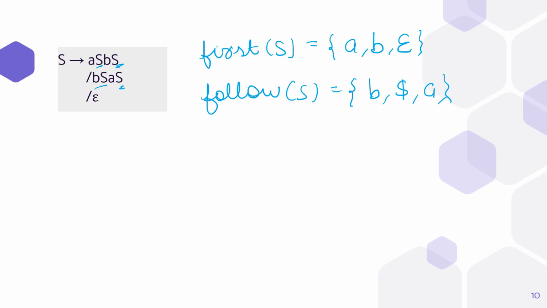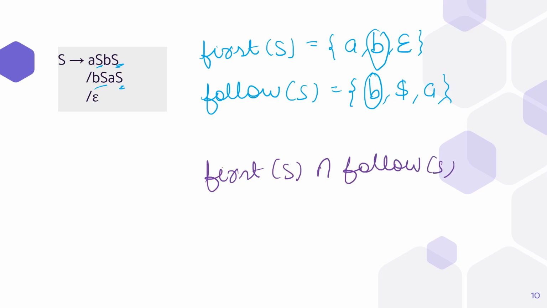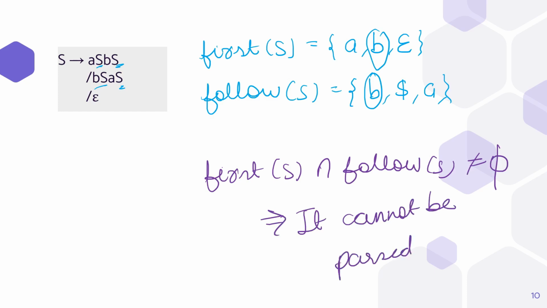B is common in both of them, right? Since B is common, the intersection of first of S and follow of S is not equal to phi. That means that it cannot be parsed by an LL1 parser.